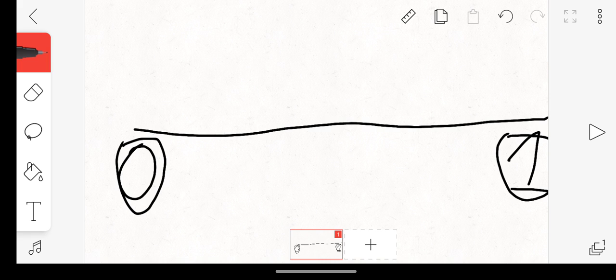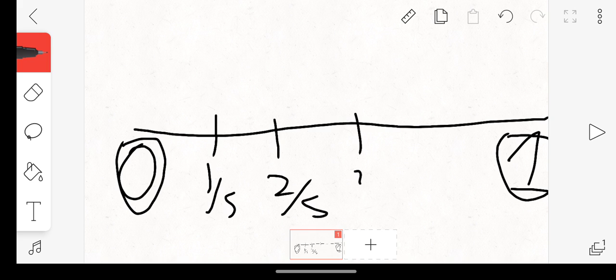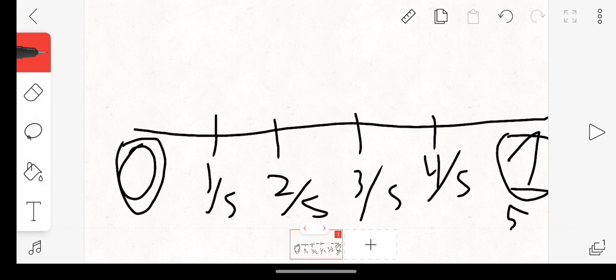Let's do fifths on a number line. 1, 2, 3, 4, and 5. 5/5 is the total whole.